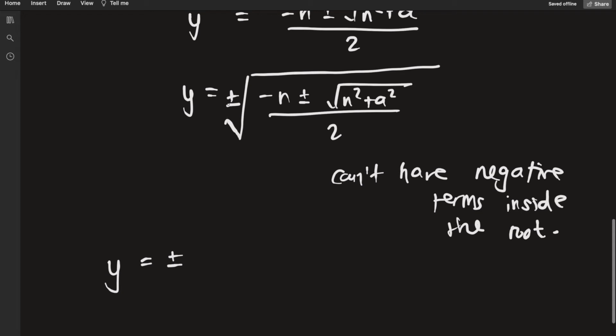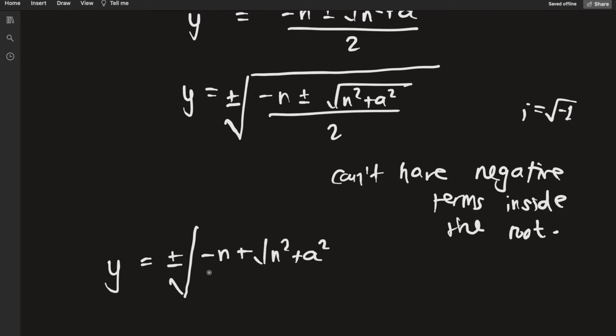We can't ignore the exterior plus and minus, because it doesn't matter what we have outside. I mean, even negative integers are real numbers, so that doesn't matter. But having a negative inside the square root matters, because i is square root of -1, and then it automatically becomes complex if we have negative stuff inside square roots. So minus n plus square root of n squared plus a squared, we ignored the negative, over 2. So that's y.